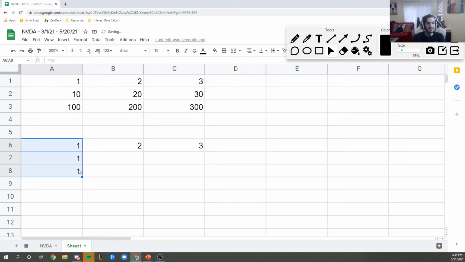If we go up and down, the number can't change. So up and down is now locked, left and right is unlocked. For the last example, let's do both. We're going to go equals $A$1.